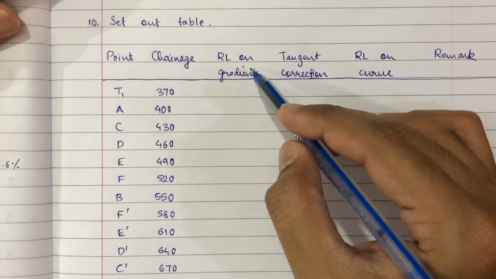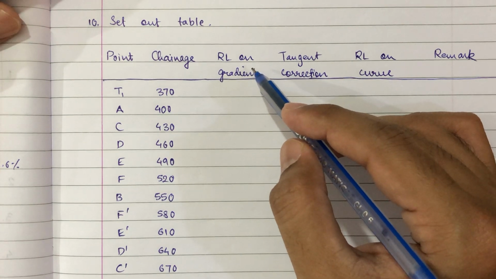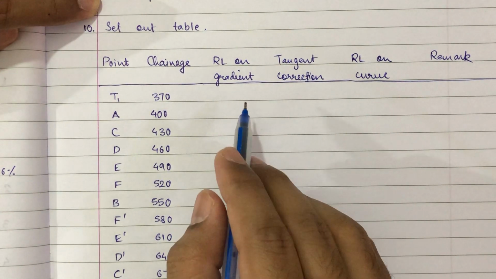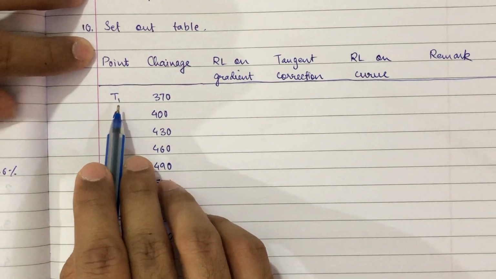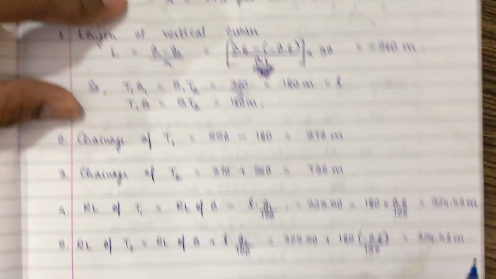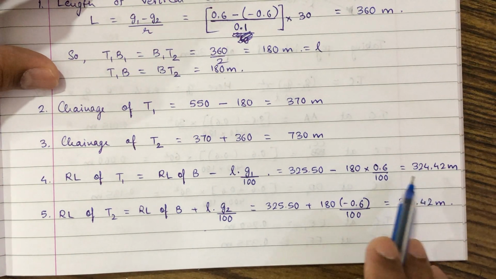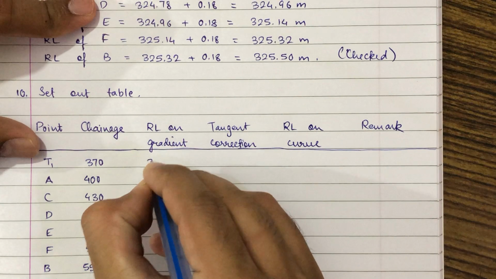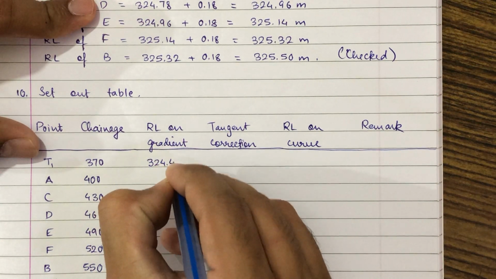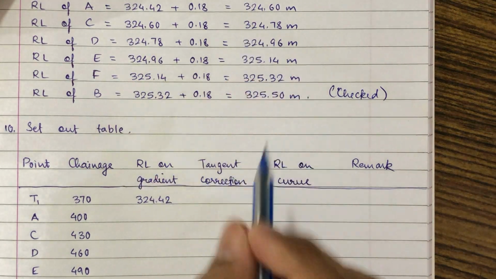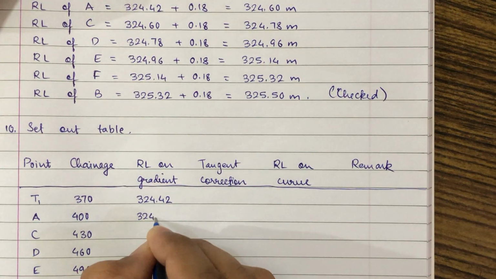Now RL on gradient. We need to find the RL on gradient. The RL of T1 that we got is 324.42. RL of A we got as 324.6.